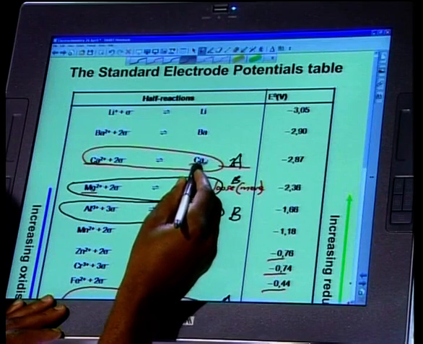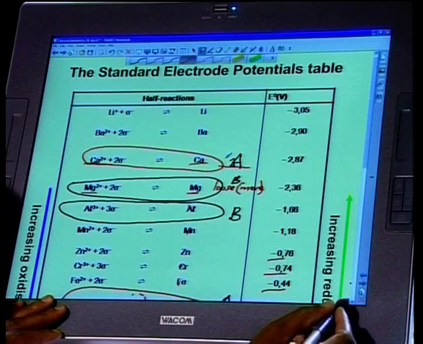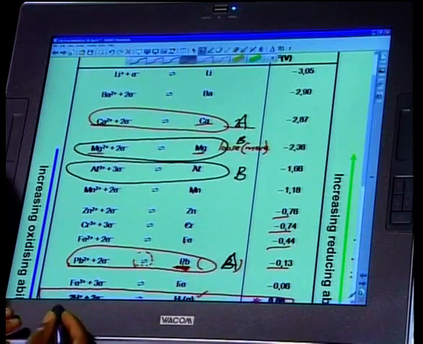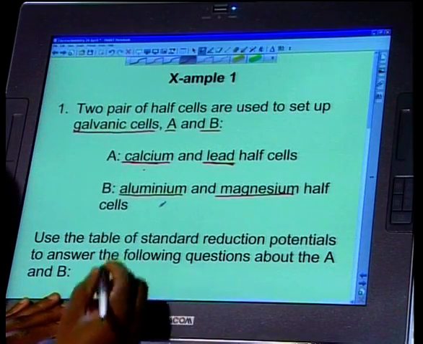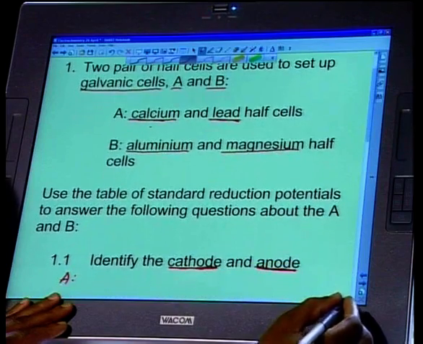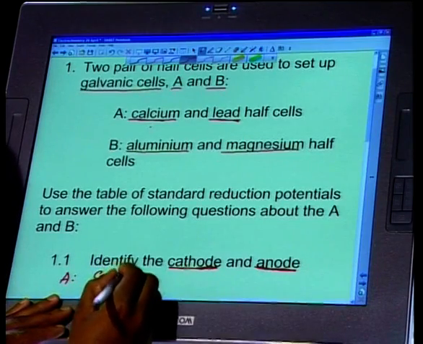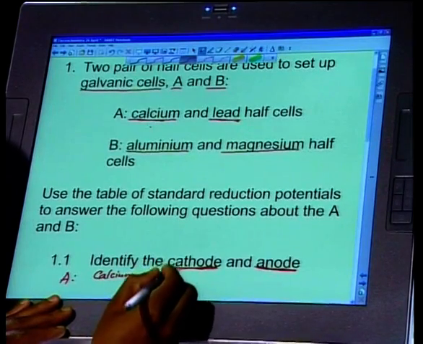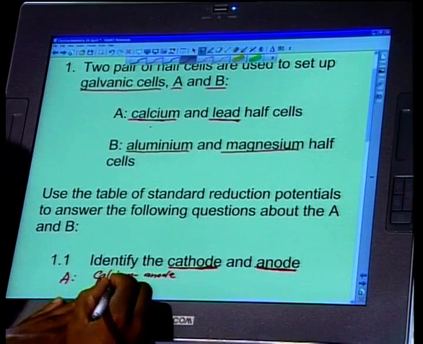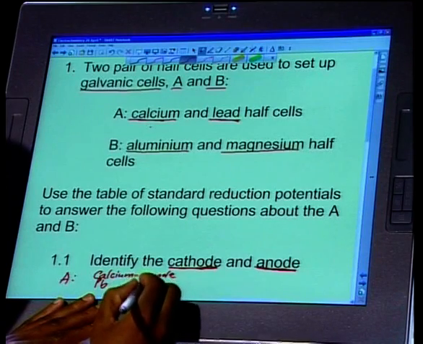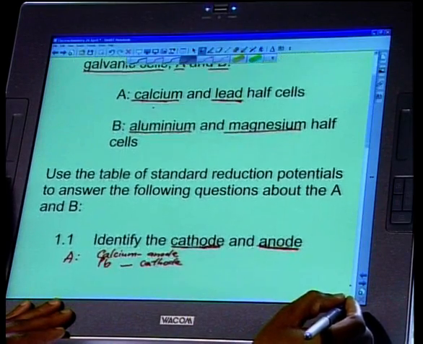So calcium is going to give away electrons, and then lead ions are going to receive them. Because it is calcium that is going to lose electrons, the calcium electrode is going to be the anode. So calcium is our anode here for A. And then lead, allow me to just write Pb for now, lead will be the cathode. That is where reduction is going to take place.